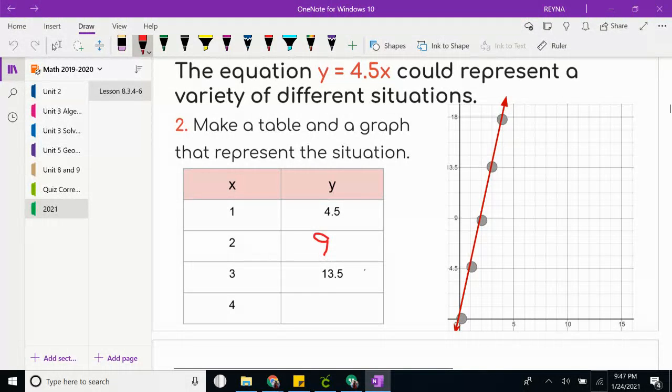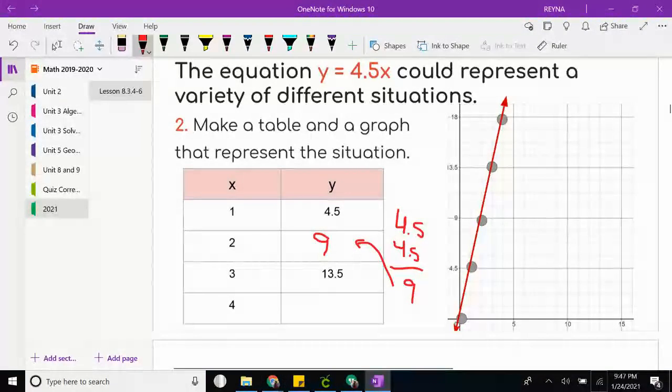The other way you could figure this out is just adding up $4.50 plus $4.50, and that would give me $9, which is right here.